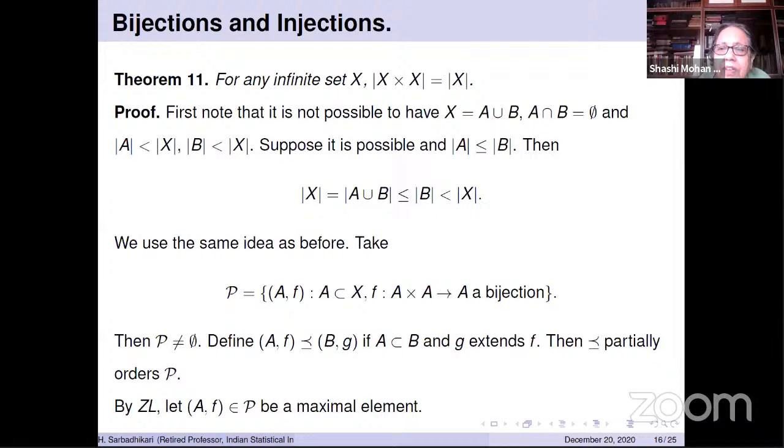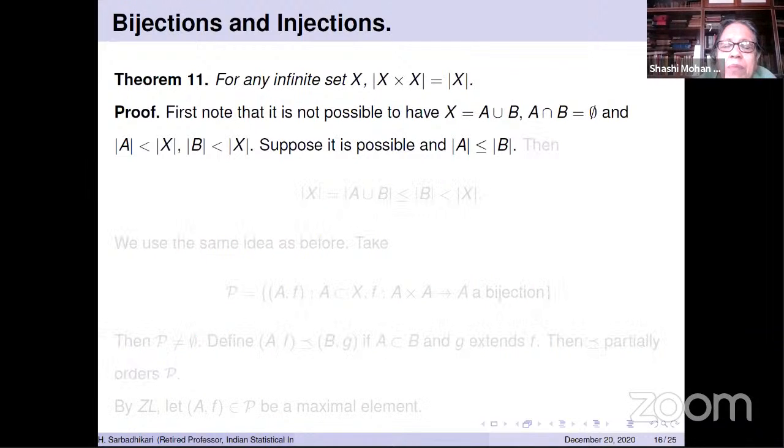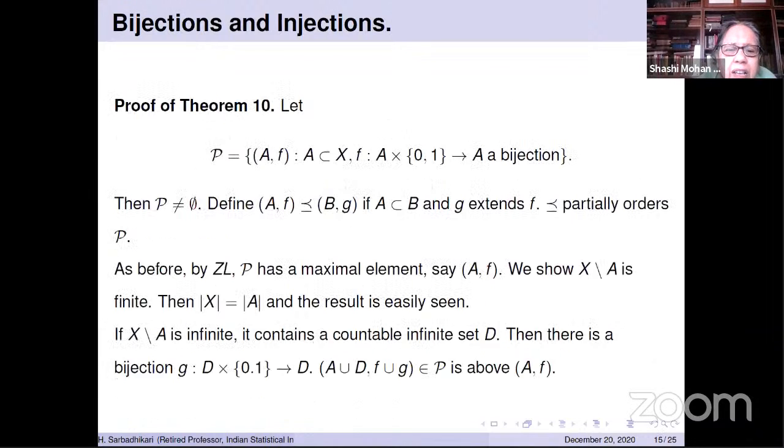Look at this. If the cardinality of A is less than or equal to the cardinality of B, then the cardinality of the union is also less than or equal to the cardinality of B. That's what I had said, and it is a bit previous.